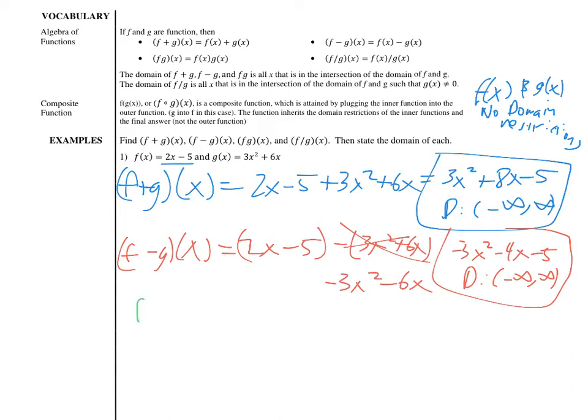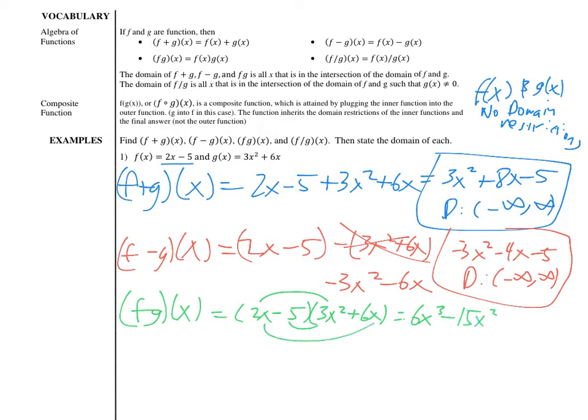All right, next up we have f times g of x. And so in this case, we're going to multiply these together. So 2x minus 5 times 3x squared plus 6x. So we're going to FOIL on this one. First times first is going to be 6x to the third power. And then inner times inner will be negative 15x squared.